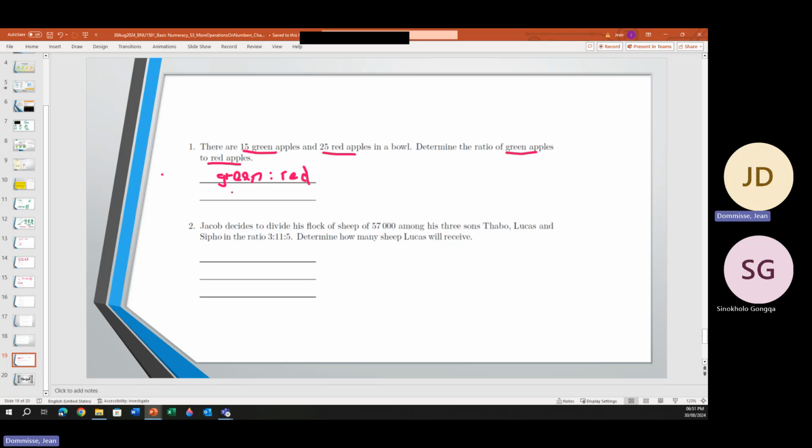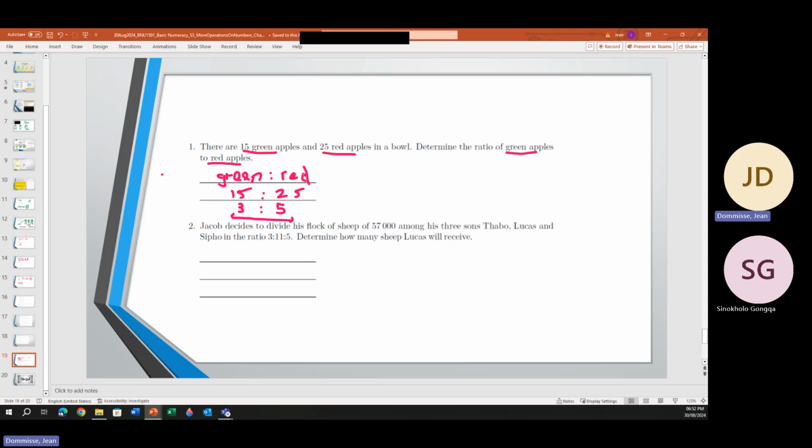So green, there's 15, red, there's 25. It might be that they want it simplified again. So I look at it and, okay, there's lots of 5. 5 goes into 15 3 times. 5 goes into 25 5 times. So that would be the ratio of green to red.